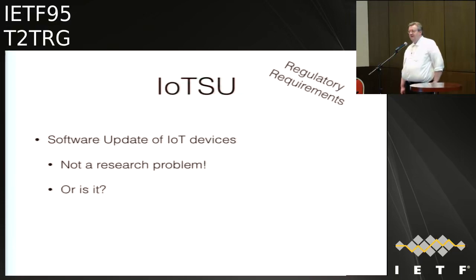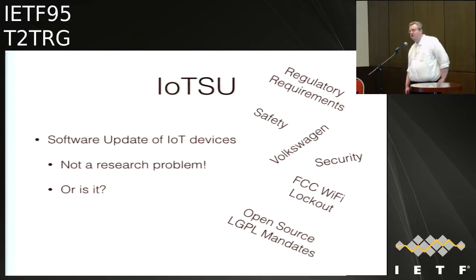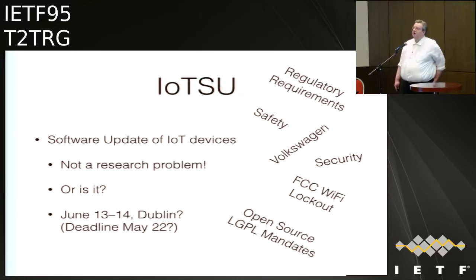But then if you look a little bit closer, there are a lot of things going on around software updates that raise new questions where maybe the existing mechanisms don't quite work. So the idea is to have a workshop in June to discuss these new or extended issues around software updates. How can the future Internet of Things avoid getting obsolete every 3 months or something like that?